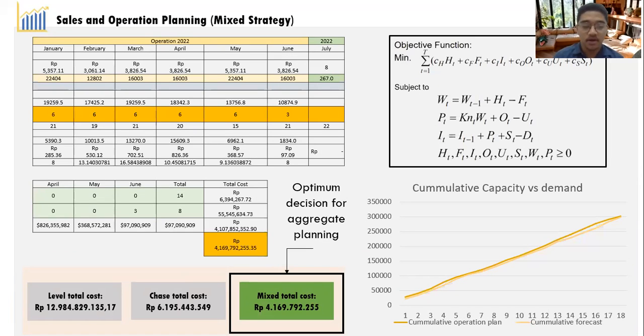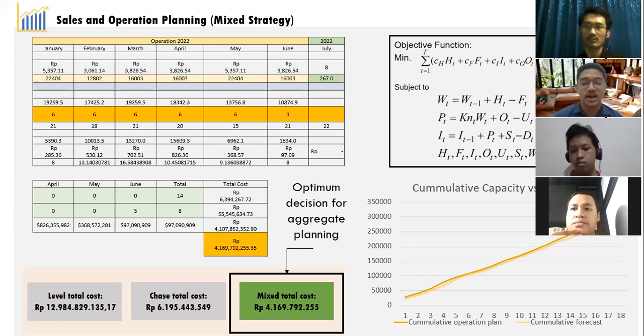From the result, we can see that the mixed strategy resulted in a total cost of about 4,169,000,000 rupiah, which is the lowest compared to the chase and the level strategy. So we can conclude that we will use the mixed strategy for our future production plan.